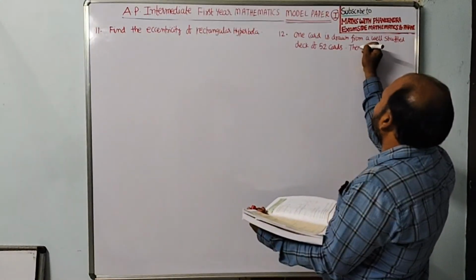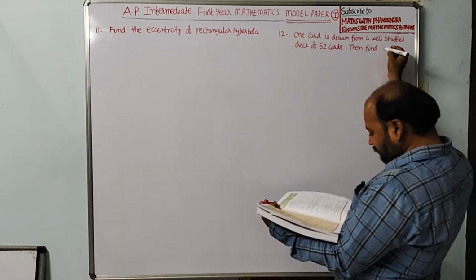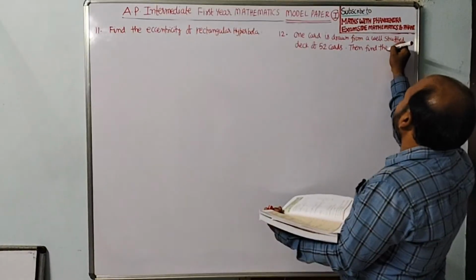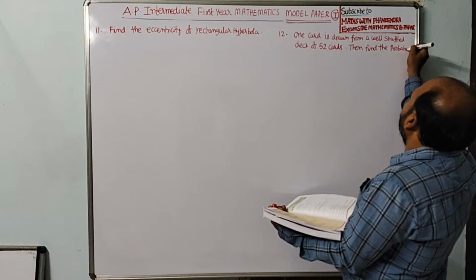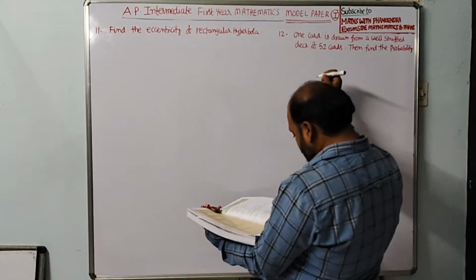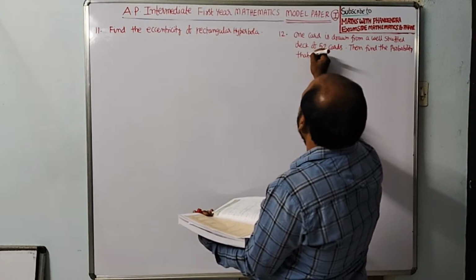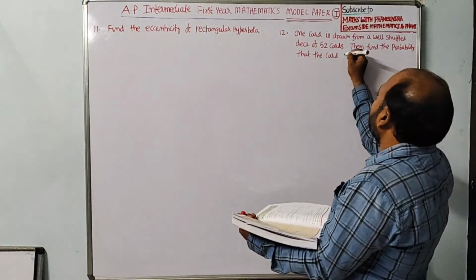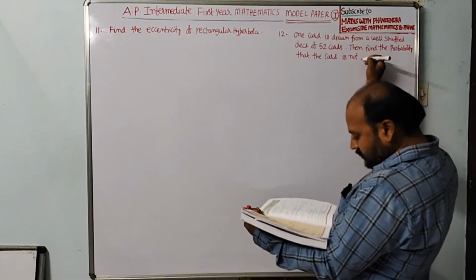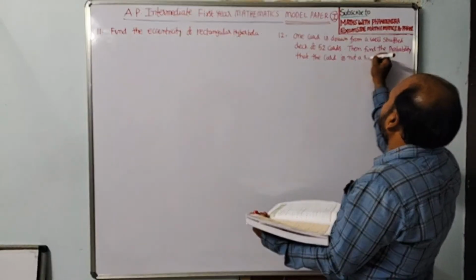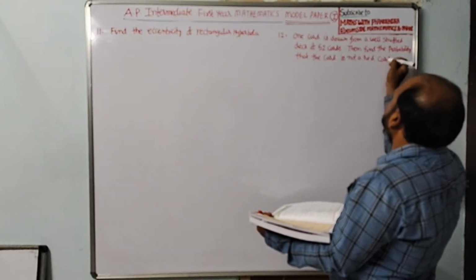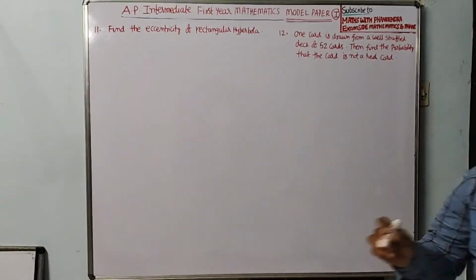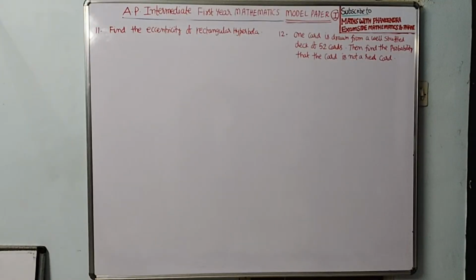Then find the probability that the card is not red. The card is not a red card. So question number 11 is related to conic section. Question number 12 is related to probability.